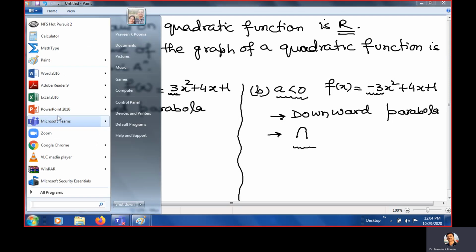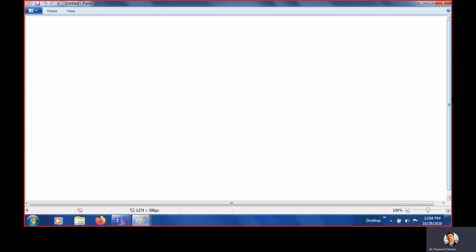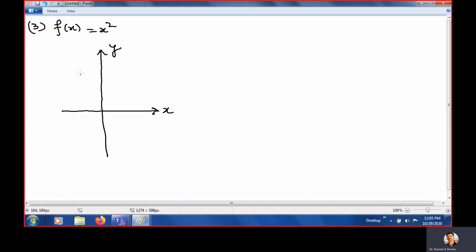Now, the third thing I will explain is standard parabolas. In point number 3, we will study f(x) = x^2. So what is the graph of f(x) = x^2? Look, this is the x-axis, this is the y-axis, and the graph of this parabola is like this.